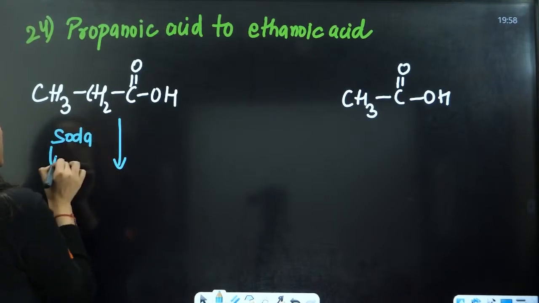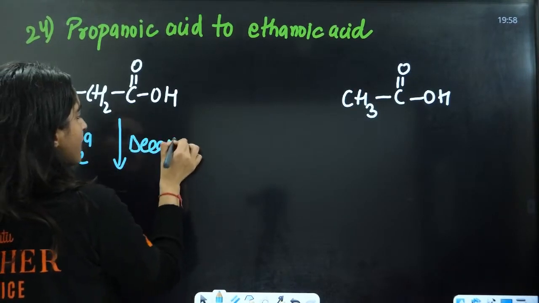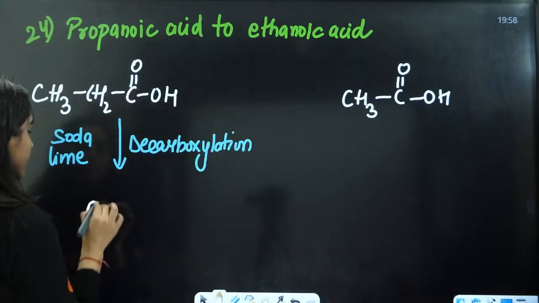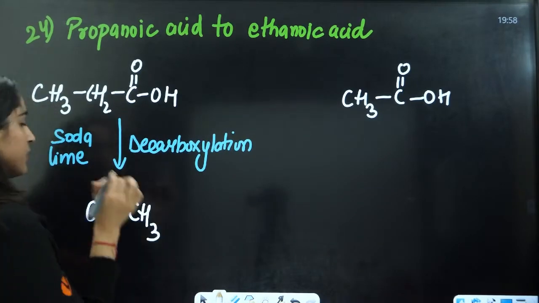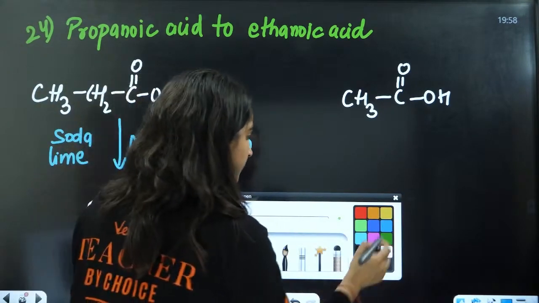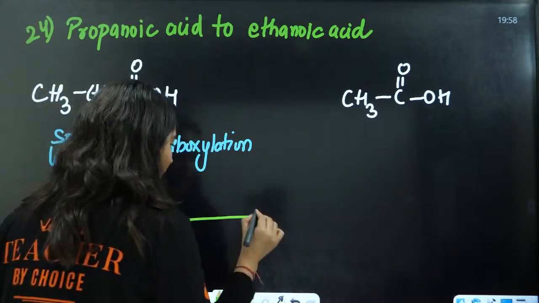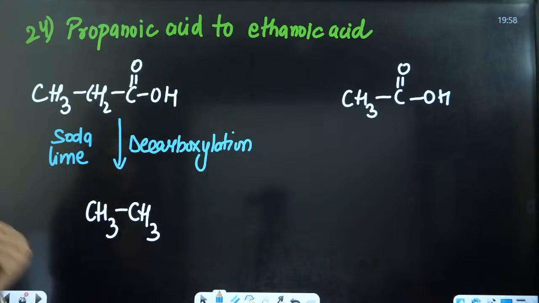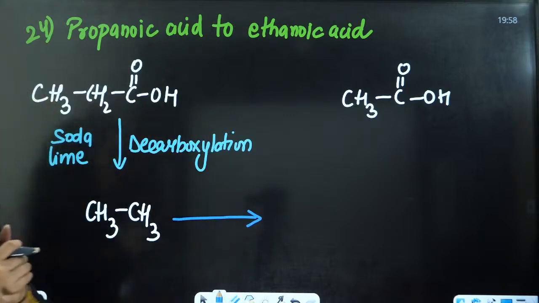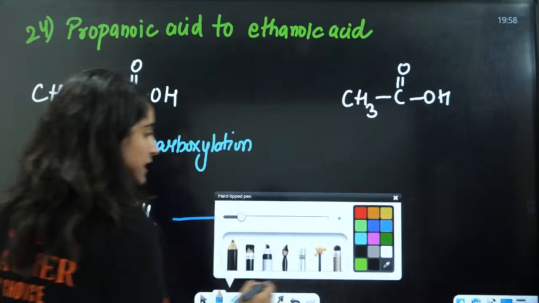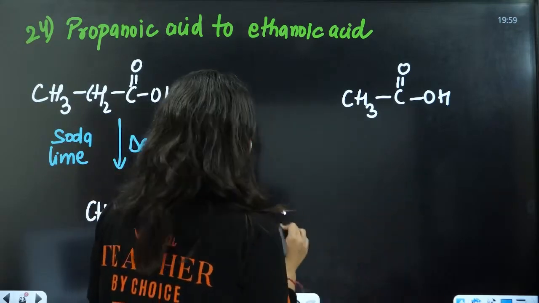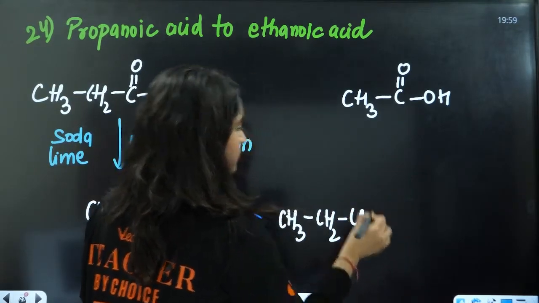Soda lime decarboxylation. Here you will get CH3CH3, and then after that what is the easy reaction on an alkane? Chlorination or bromination. Here you will convert it into CH3CH2Cl. The carbon number is the same. Then add aqueous KOH.